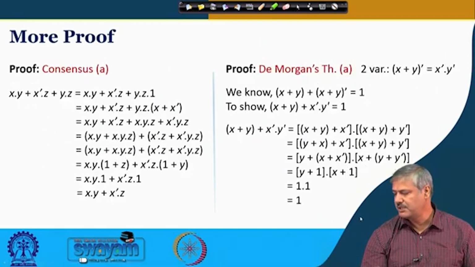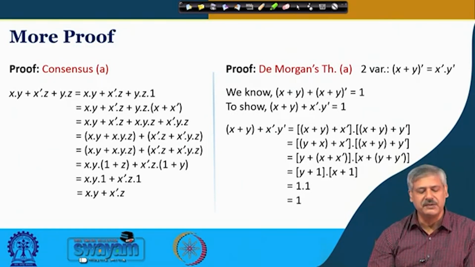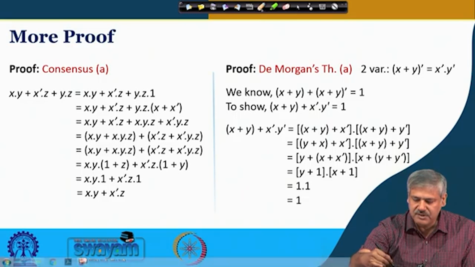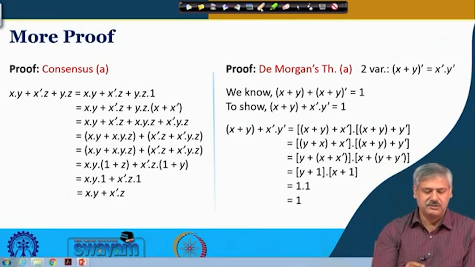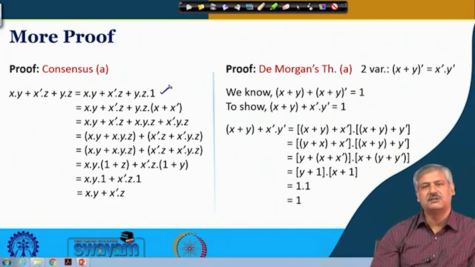So we shall look at just 2 more proofs, the last 2 ones. Okay. So the consensus theorem, right. So in the consensus theorem, we have on the left hand side this term. So yz, we use the identity postulate.